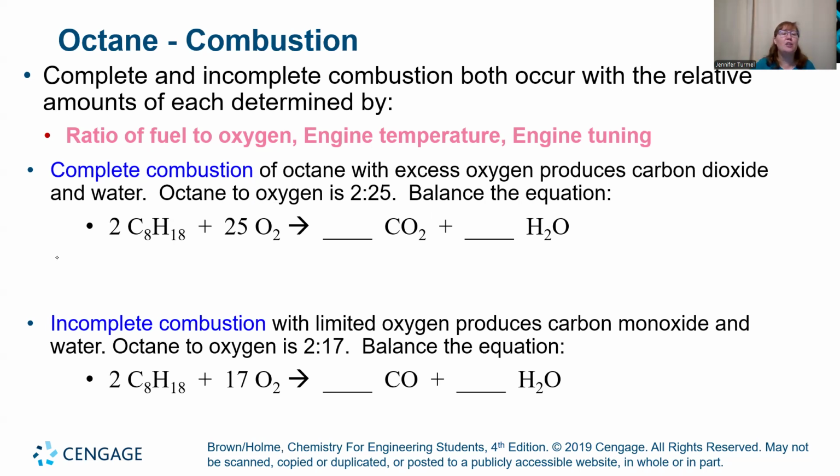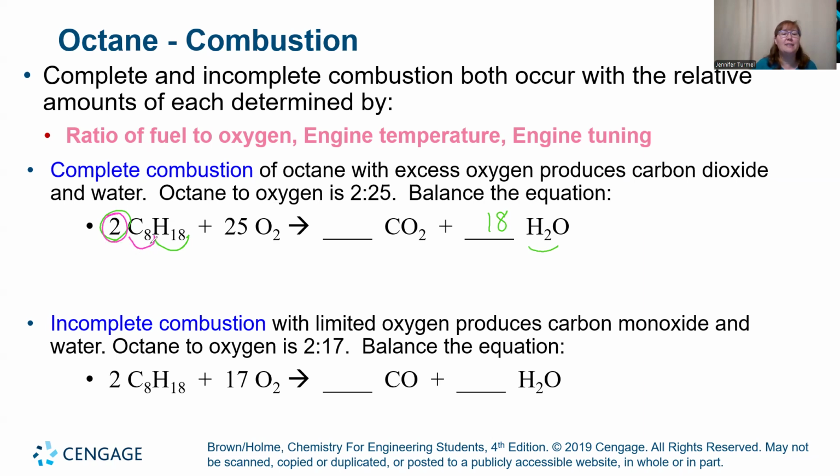So let's take a look at how these are balanced out. So first of all, we can go ahead and start here with our hydrogen. We have 2 times 18 hydrogen. So because we have a 2 here, we'll put an 18 there. Okay. And then we have C8 here and a 2.